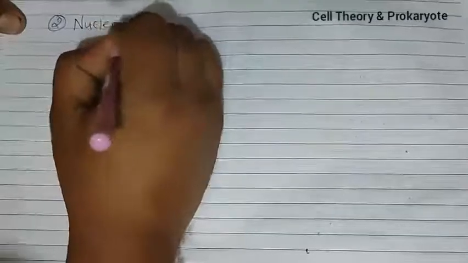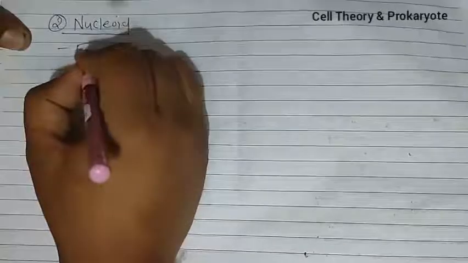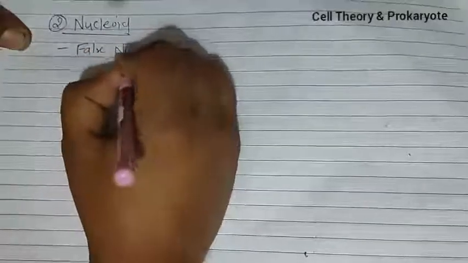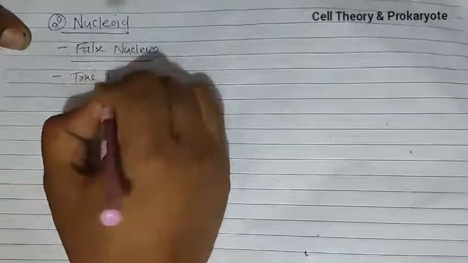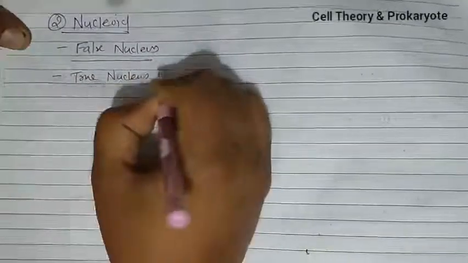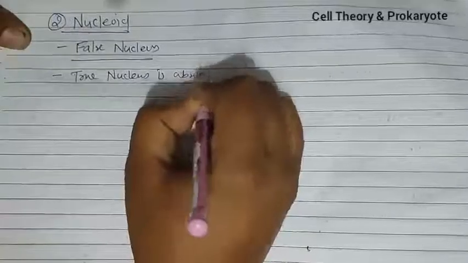Now next to cell envelope, we talk about nucleoid. Now nucleoid is also known as false nucleus, means true nucleus is absent.